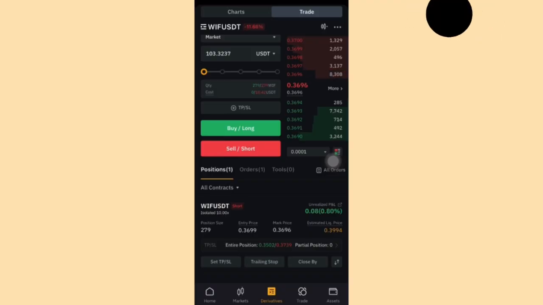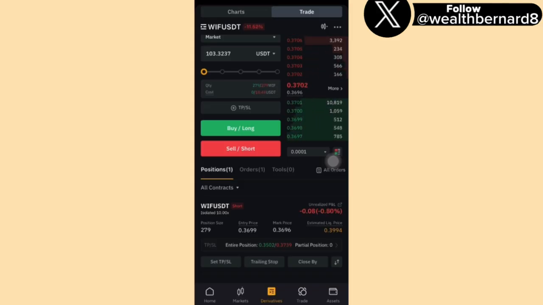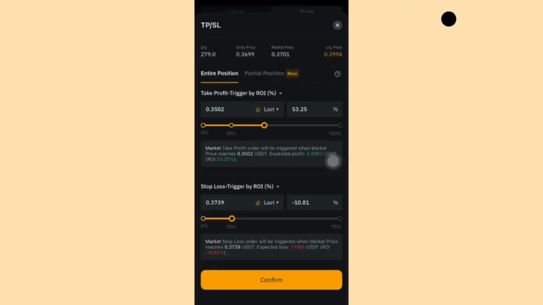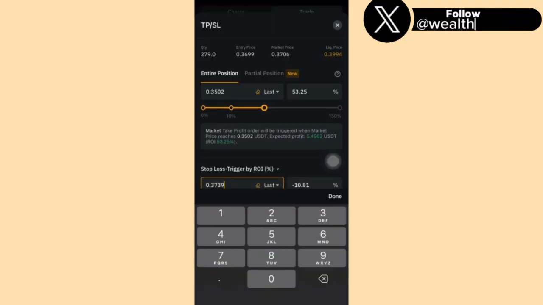So for you not to lose your money, to be on the safer side, once you set your profit, you also want to come to set profit and take your stop loss to the entry price.